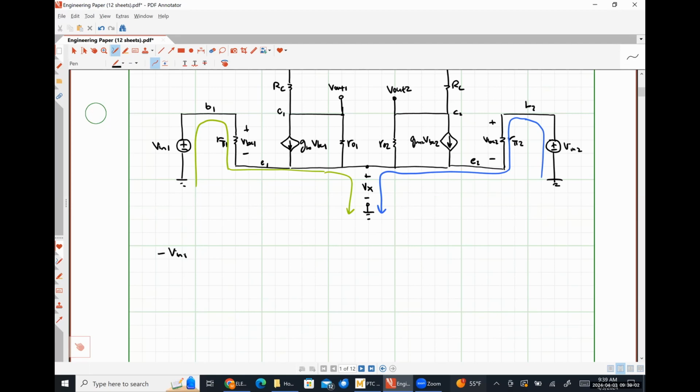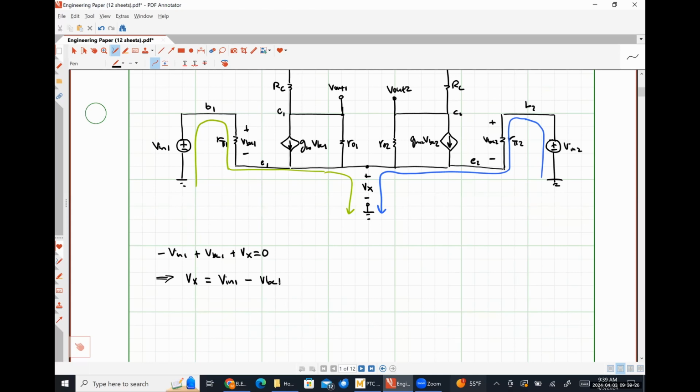it's going to look like negative VN1 plus VBE1 plus Vx is equal to 0. And I could rearrange that to say that Vx is simply going to be VN1 minus VBE1. We okay with that?